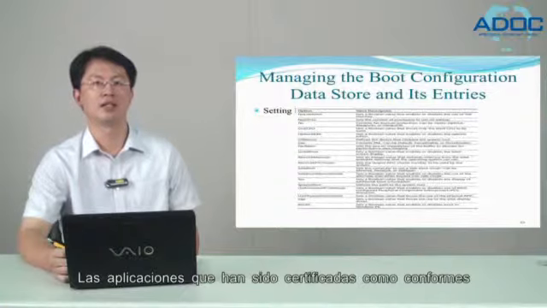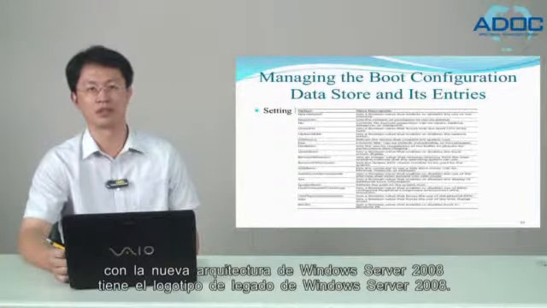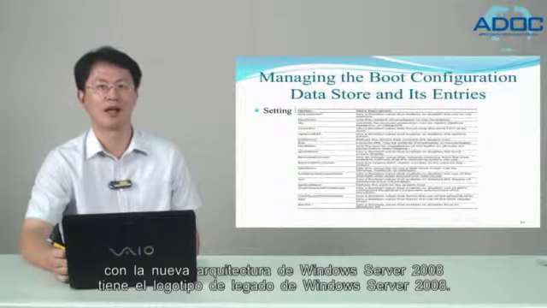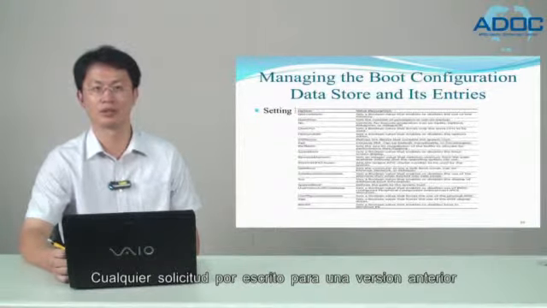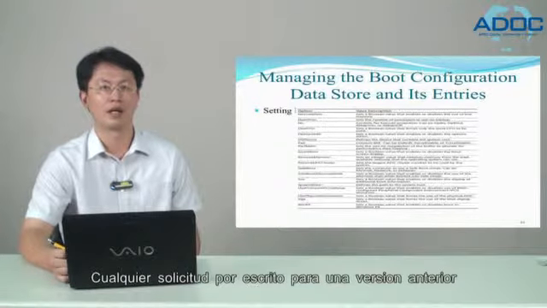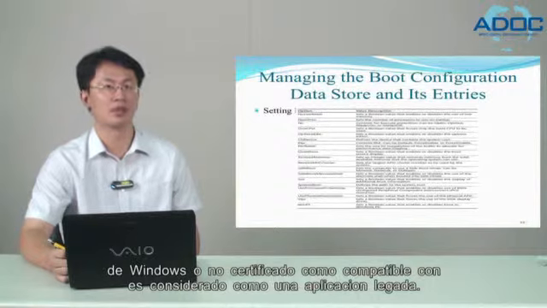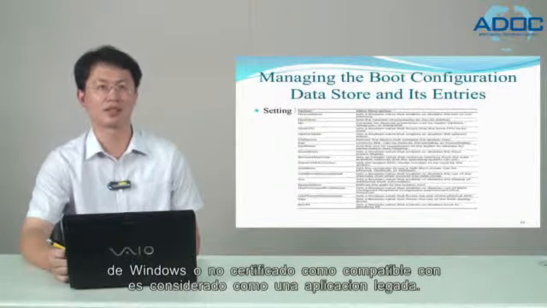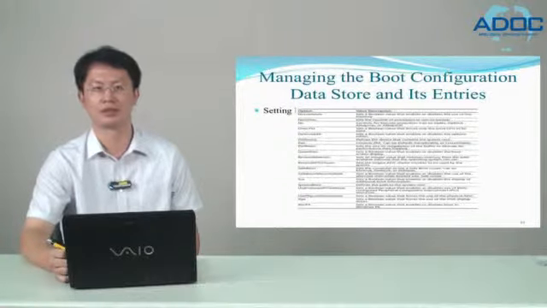Applications that have been certified as compliant with the new Windows Server 2008 architecture have the Windows Server 2008 compliant logo. Any applications written for earlier versions of Windows or not certified as compliant are considered to be legacy applications.